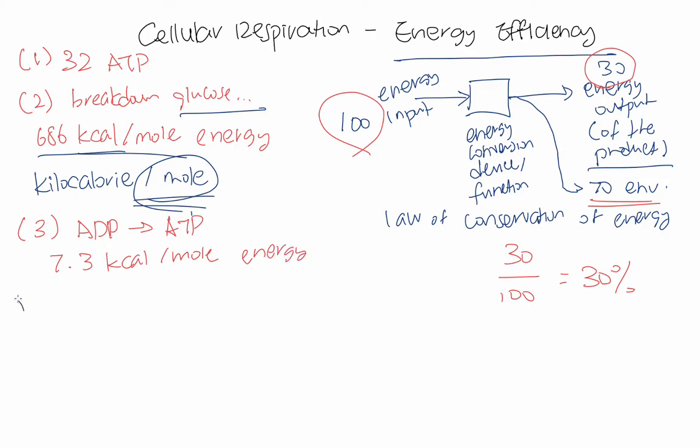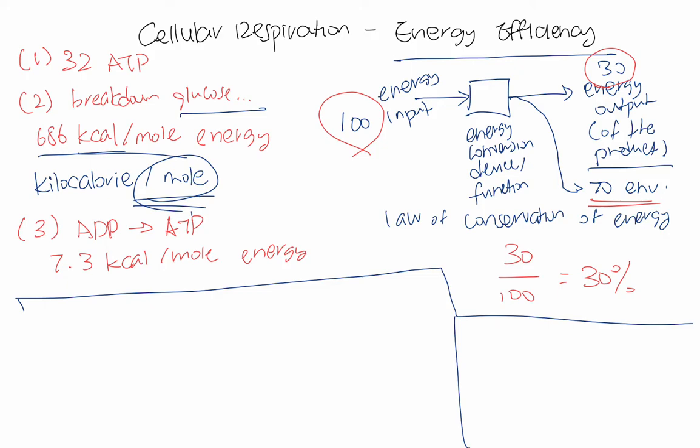So now that we know the basic facts, let's do the math. If there was just glucose and it was broken down, we know that it would give off 686 kilocalorie per mole of energy. So that should be our baseline, our input, right?